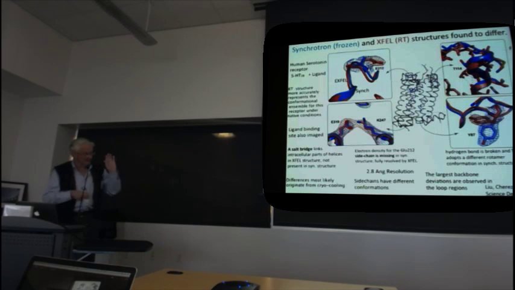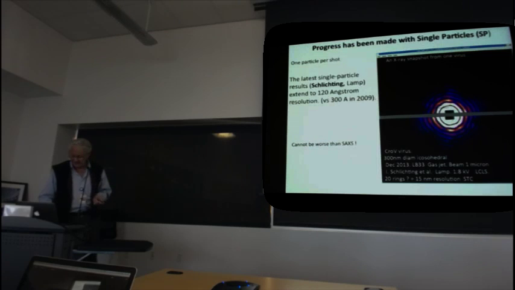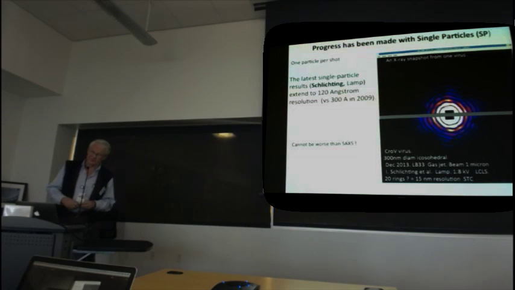And of course, the form of the crystallization depends very sensitively on the chemistry of the crystallization. So side chains can differ just because you did the chemistry of the crystallization differently. But this paper is very interesting, because it compares the room temperature XFEL structure with the frozen synchrotron structure using the LCP jet.